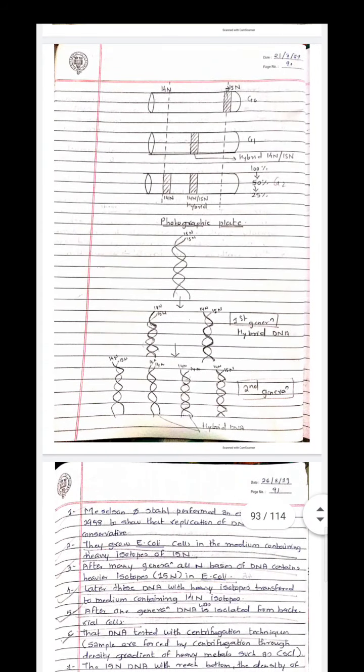Then in the second generation, they found two hybrid DNA and two lighter DNA, that is 14N.